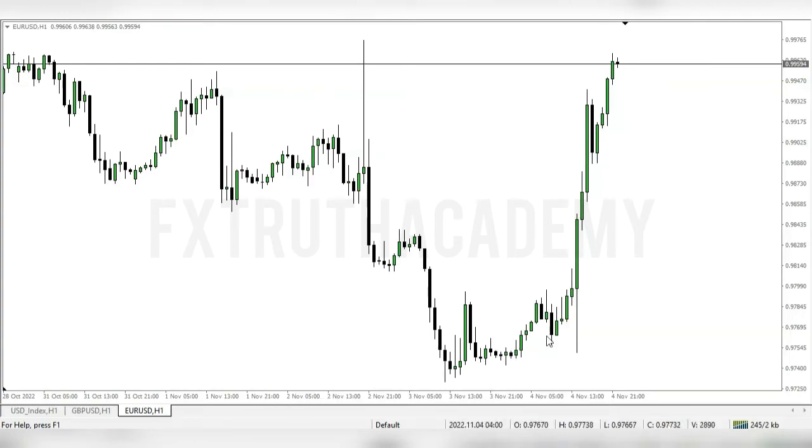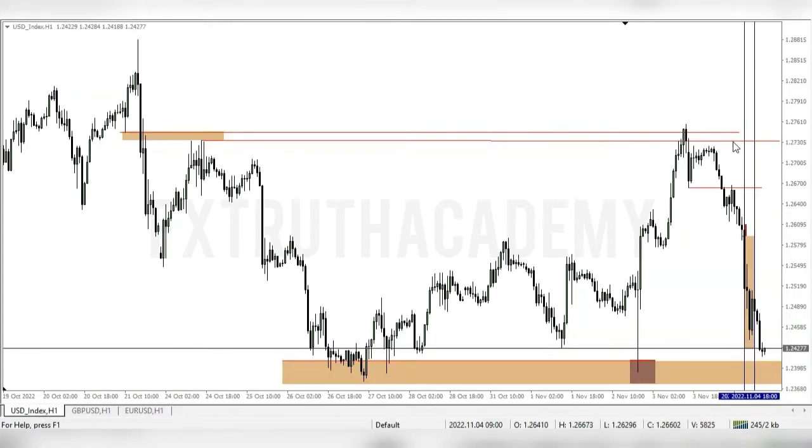So I actually entered double trades. I was buying here, price went up, taking out this high, so price retraced right here, and I took out my double trades on this particular candle before the news release, the NFP news release. So that was how I anticipated that whole move around this particular area using the dollar index.